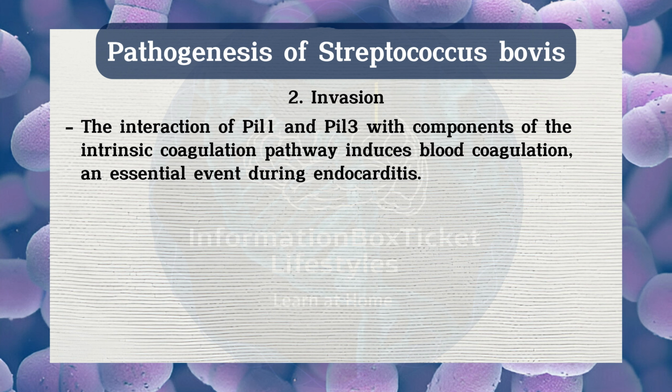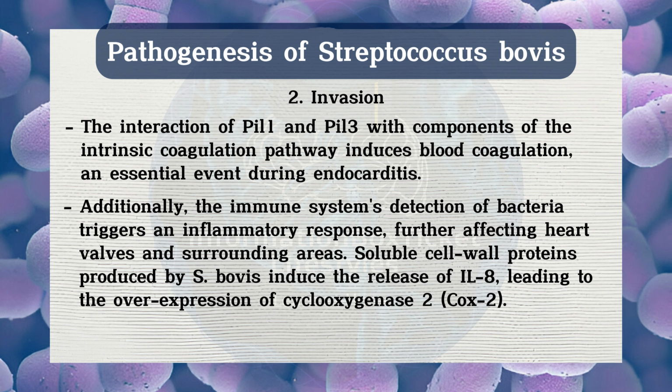The interaction of Pil1 and Pil3 with components of the intrinsic coagulation pathway induces blood coagulation, an essential event during endocarditis. Additionally, the immune system's detection of bacteria triggers an inflammatory response, further affecting heart valves and surrounding areas.